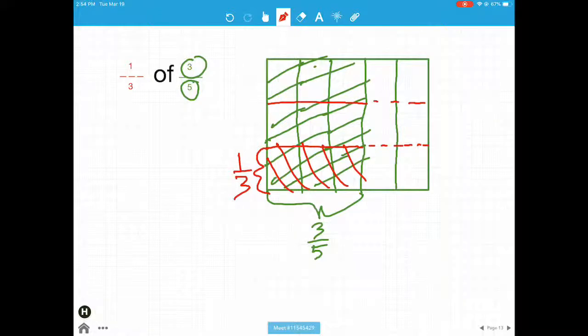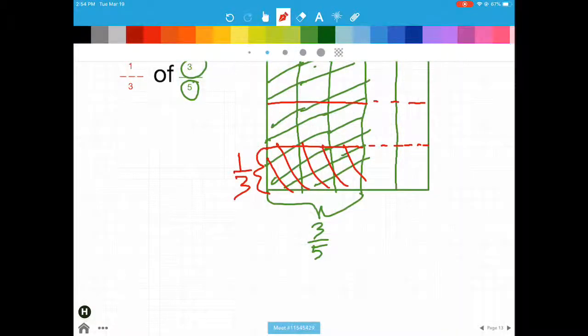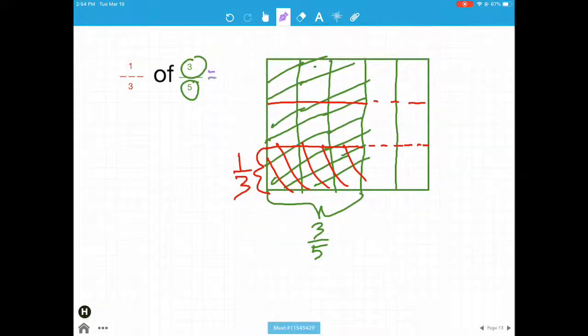It is 1/3 of the whole, okay, but only 3 out of all of them are shaded in. So our first answer is 3/15. Again, if we go 1/3 of 3/5, hopefully you see that our answer would be 1/5, because 1/3 of 3 is 1.